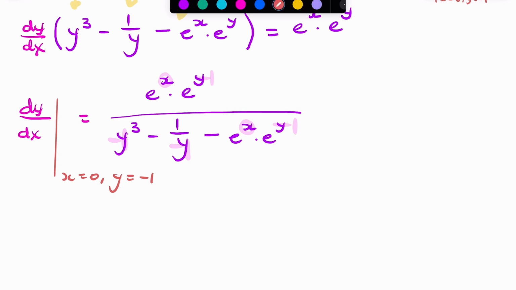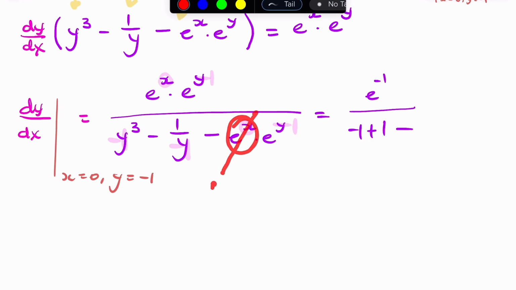So if we do that, you can put that in your calculator. I'll attempt to do it myself. So e to the power 0 is 1, e to the power -1. So that's e to the power -1 over -1 cubed, that's -1, minus is plus, +1, minus 1, and that's e to the -1.